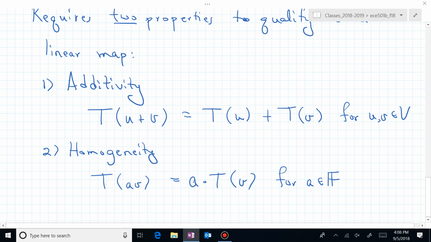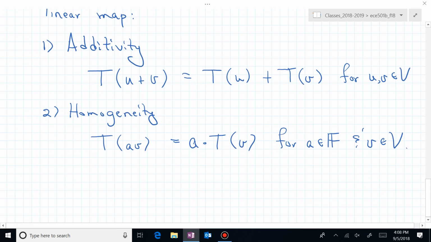A is an element of F. There's our scalar, F being real or complex, and we need our vector to be in the input space, capital V, or vector space. We need then our map, if we want it to be a linear map, to have additivity and homogeneity.